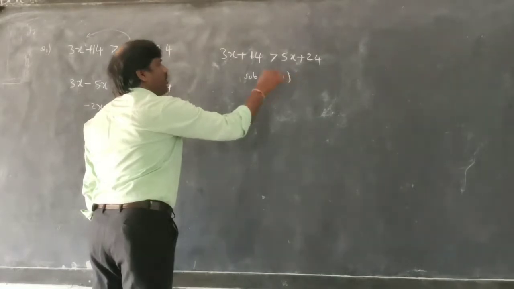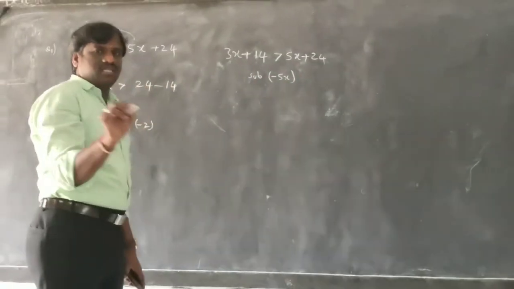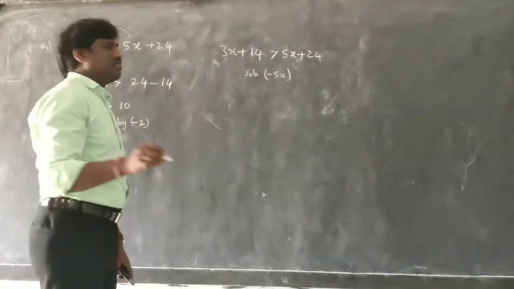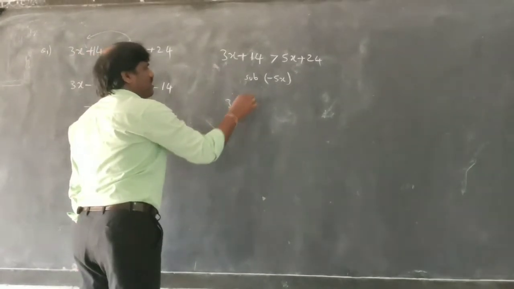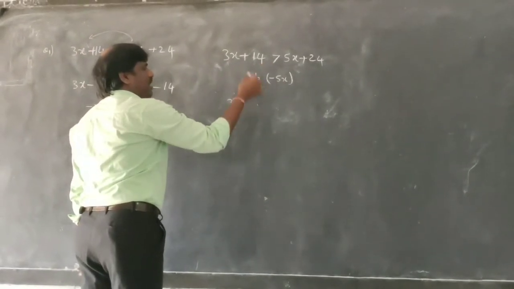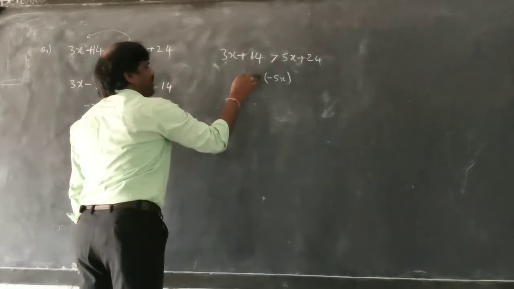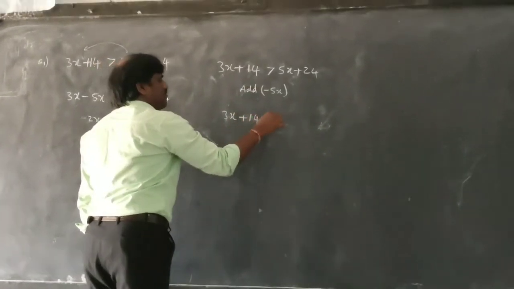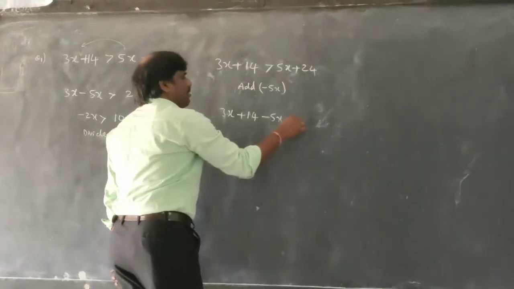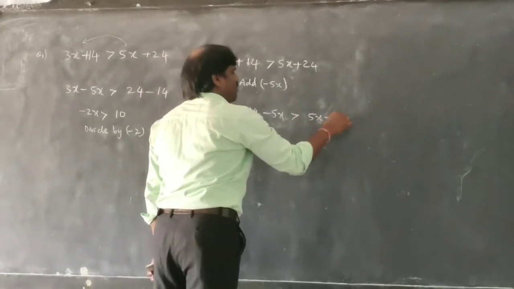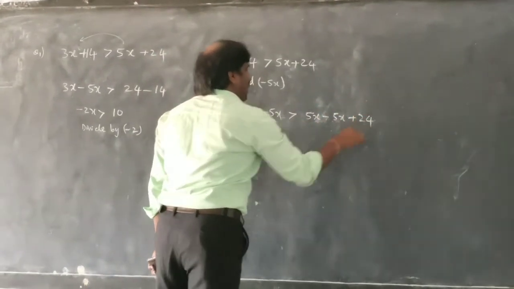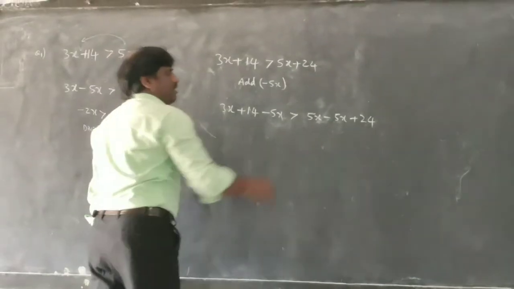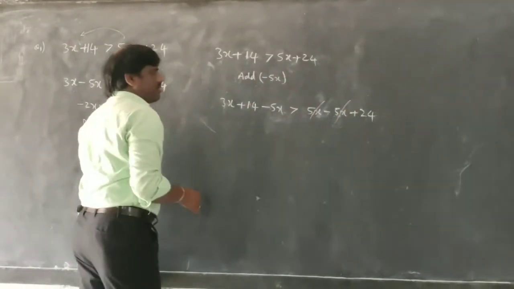Whenever you are doing subtraction and addition, the inequality doesn't change. So I am adding minus 5x on this side and adding minus 5x on this side, the 5x and plus 24 side. I am adding minus 5x on both sides. So that cancels out.